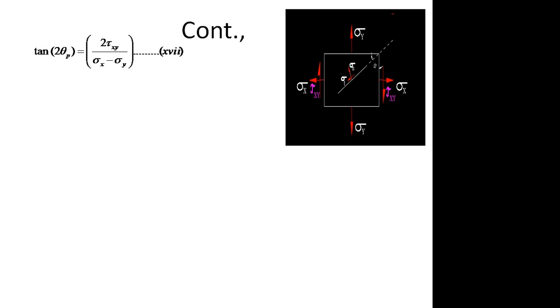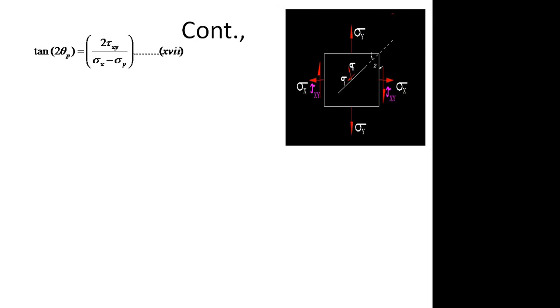So now we have two options to find tan 2 theta p. We can find it by equating sigma t to 0, that is, at this particular plane sigma t is 0, so we can equate the sigma t equation to 0 and thereby derive this value. Or otherwise, at this plane sigma n is maximum, so we can differentiate sigma n with respect to theta, d sigma n by d theta, and find the value of theta at which sigma n is maximum or minimum.